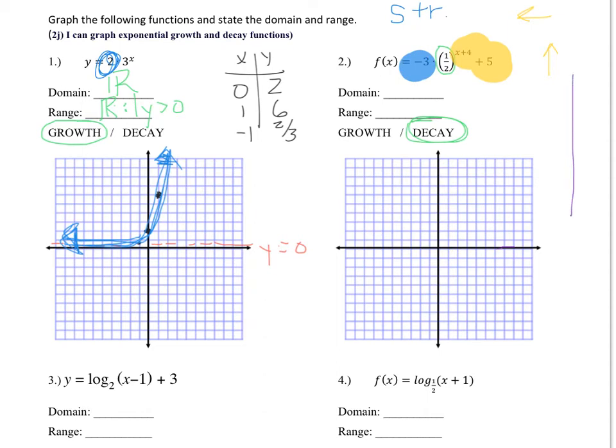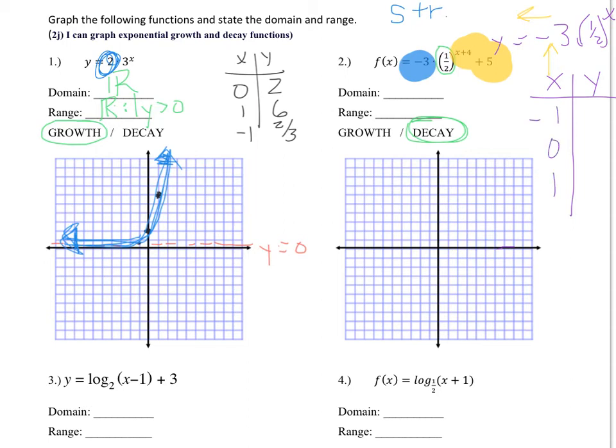Let's first of all set up a short little t-table, and first of all graph -3 times 1/2 to the x. So again, -1, 0, and 1.